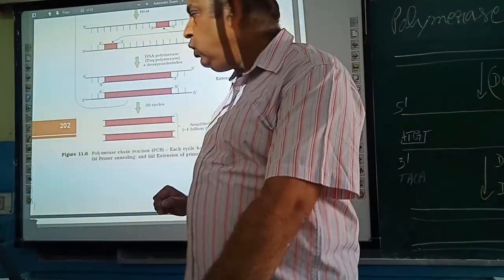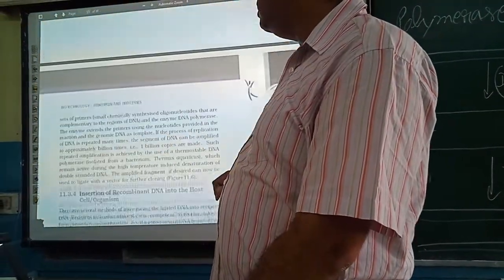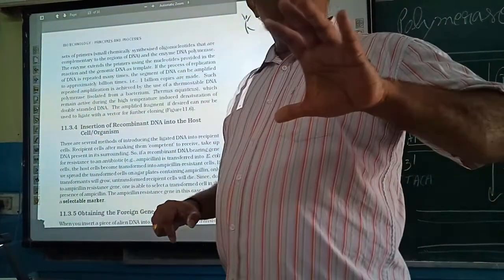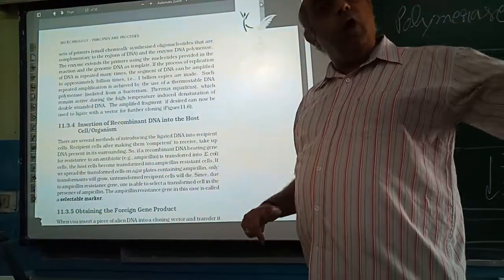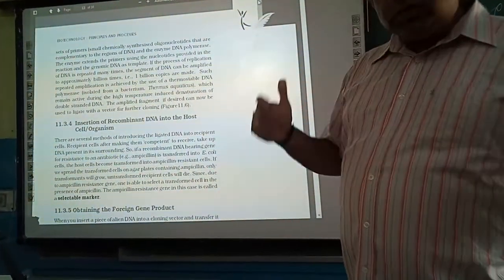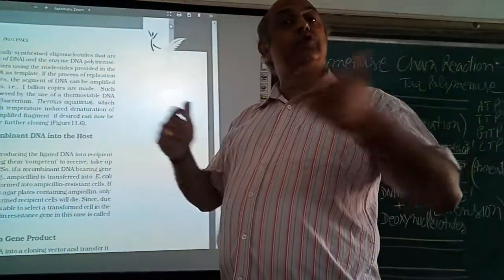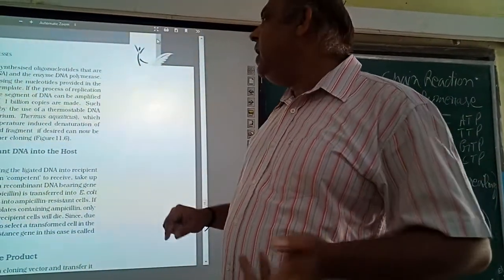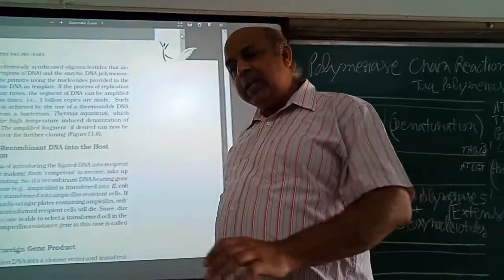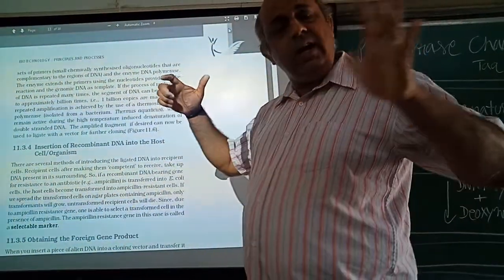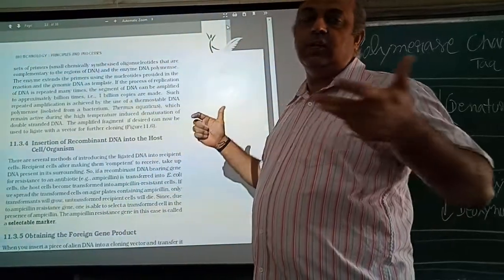The DNA molecules get produced as 1 to 2, 2 to 4, 4 to 8, 8 to 16, 16 to 32, like this, that is, in a geometric ratio. That's why in a very short time we can get a large number of DNA molecules by using this technique.